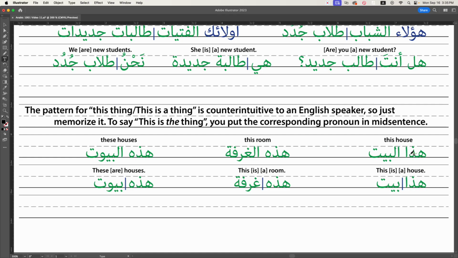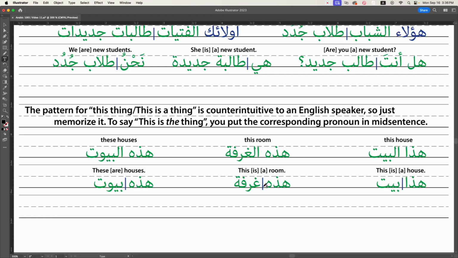So you could see the potential for confusion here because this one looks like it means this is the house, and this one probably looks like it means this house, but it's backwards. So please pay careful attention to this because it's a critical part of basic Arabic. Just memorize the pattern. I'm explaining to you why it works this way, but you're better off just memorizing the pattern.